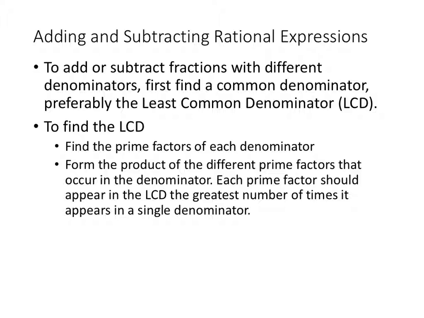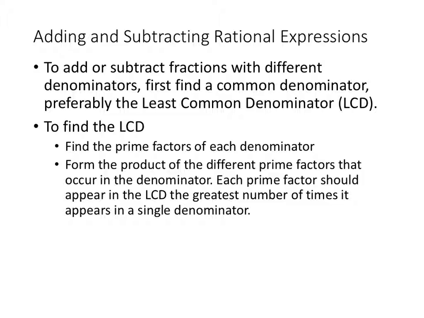When you're adding and subtracting rational expressions with different denominators, you must first find the common denominator. It could be any common denominator, but to cut down on the amount of work later, go with the least common denominator. To find the least common denominator, you'll want to completely factor every denominator that you're looking at.